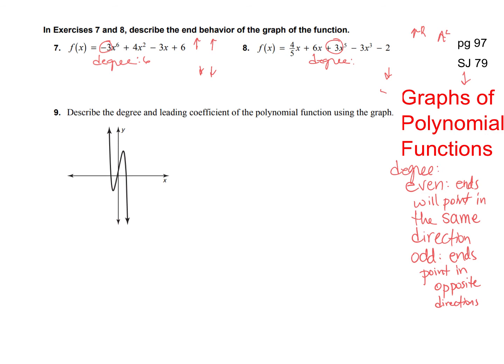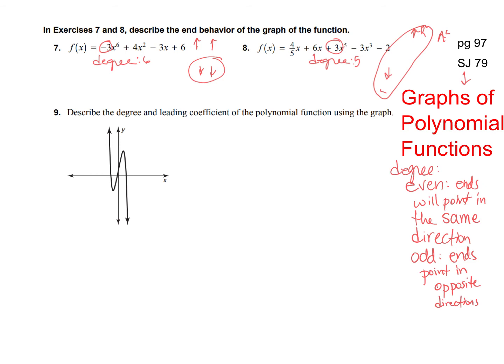Our leading coefficient tells us that information. For number 7, since our leading coefficient is negative, then I know both ends point down. And for number 8, our leading coefficient is positive, so I know the right side points up. So this would be what it would look like.